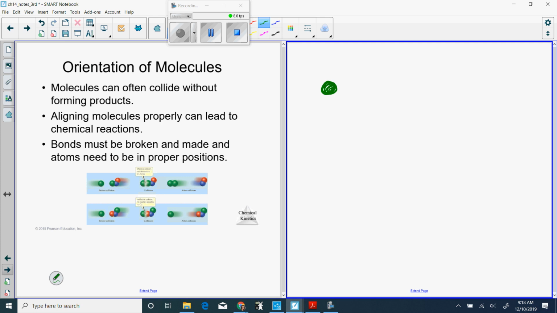So if I had a green atom, and he's hanging out doing a bunch of colliding with things, and he collides with a green, blue, red. I'm making it like a bench shape for no reason other than to show it's a molecule.